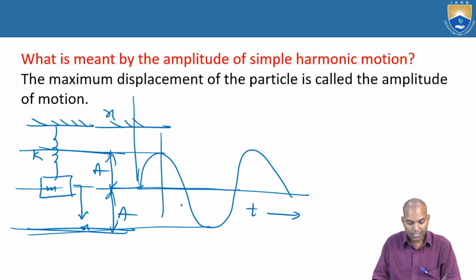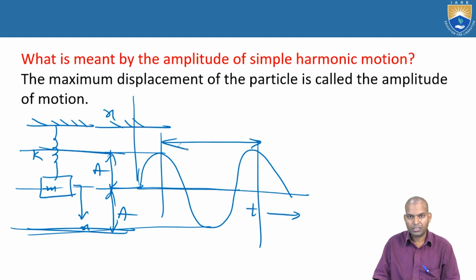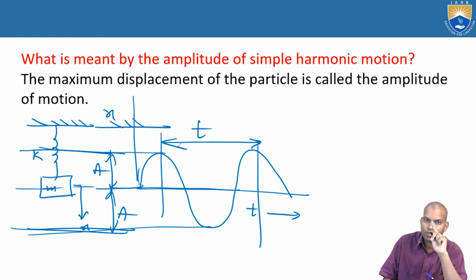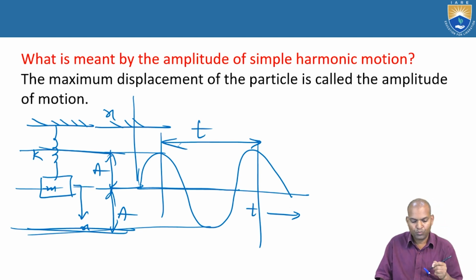Now what is the time period? The time taken to complete one oscillation of simple harmonic motion is known as the time period. And what about the frequency? The frequency means the number of oscillations per unit time. Now let us discuss more and more.